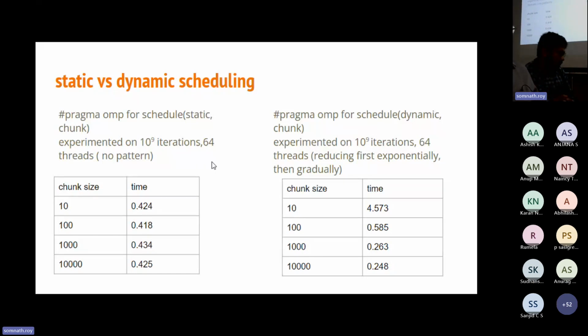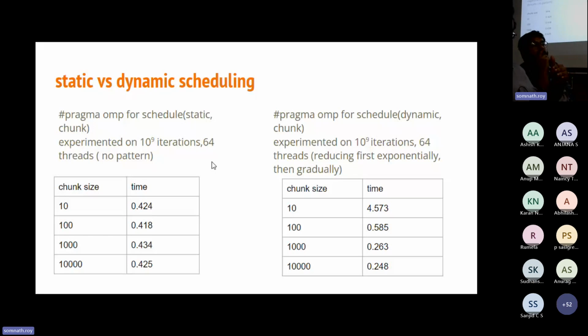And then in dynamic scheduling, we can also specify the chunk size, similar to static scheduling. But here, they do not work in lockstep. The allocation does not work in lockstep.